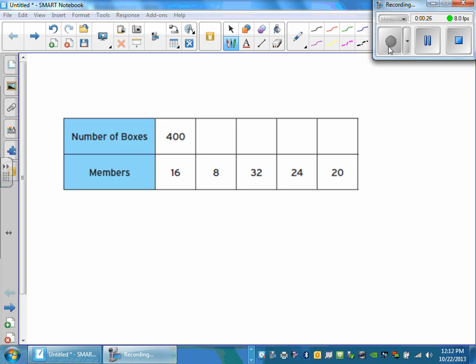It wants the relationship written as number of boxes over how many members. So part A should be 400 boxes to 16 members.